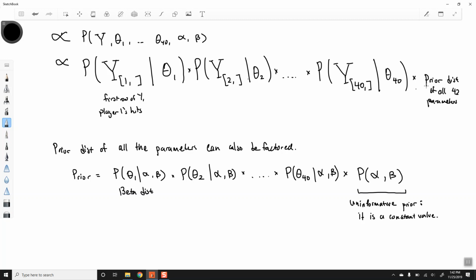Because if I multiply this prior in here, we're already saying this is proportional to something, and so this is just some constant. So it's an uninformative prior.